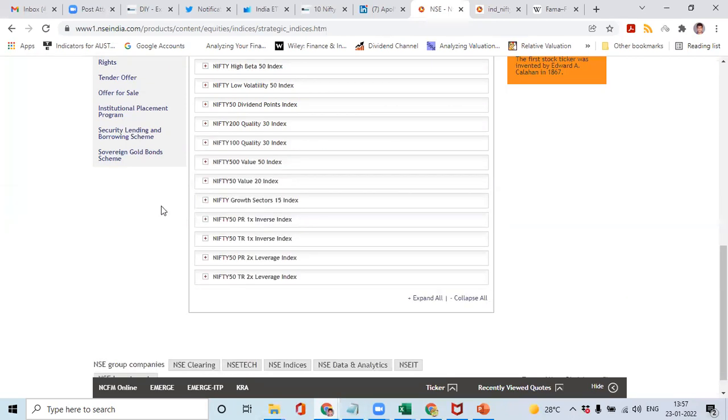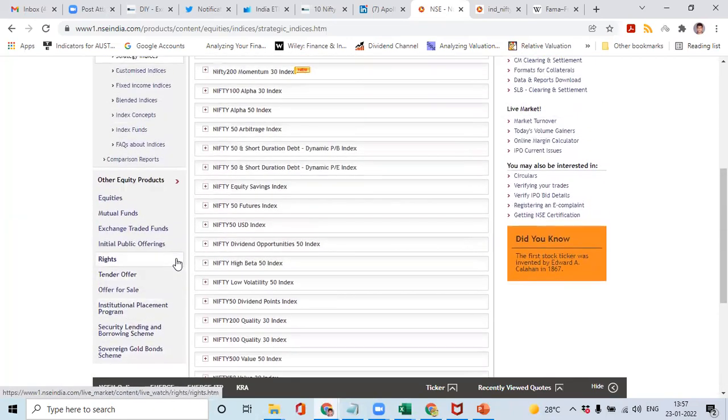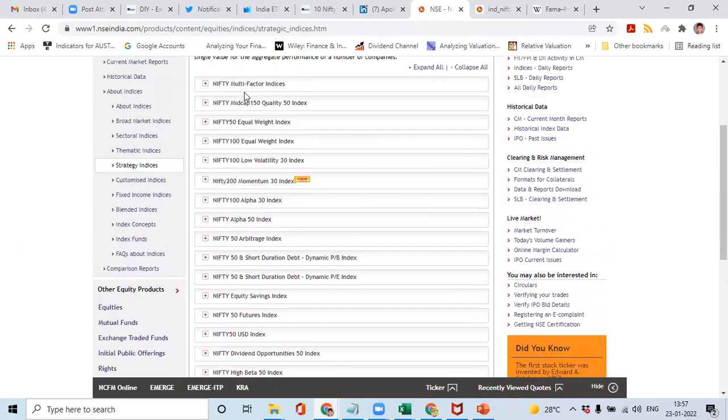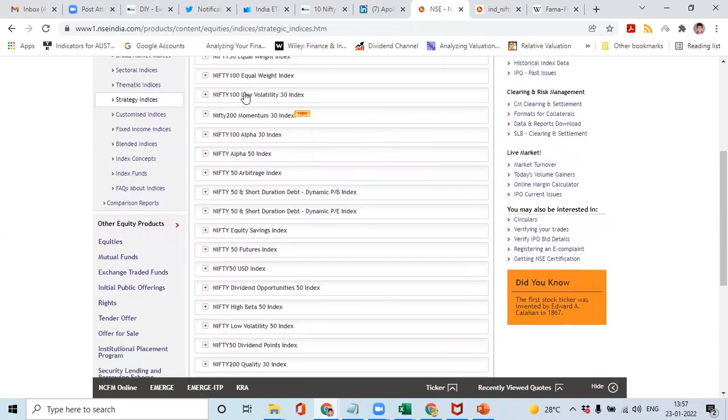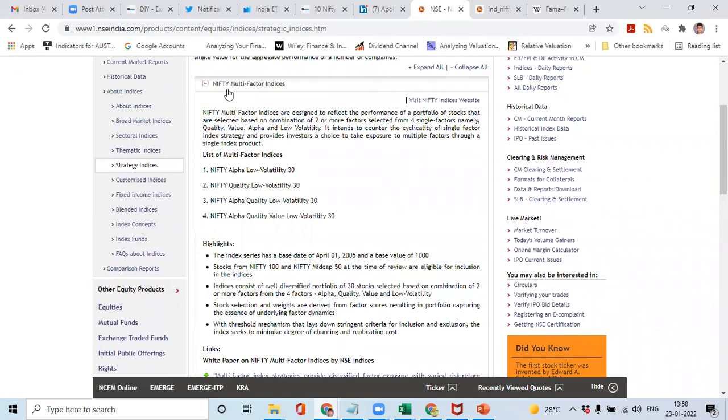And you have momentum, which is this one. And you have alpha, low volatility, somewhere. Where is it? Alpha low volatility. Okay, it is somewhere, right? Now what I'm going to teach is how to construct these four factors.